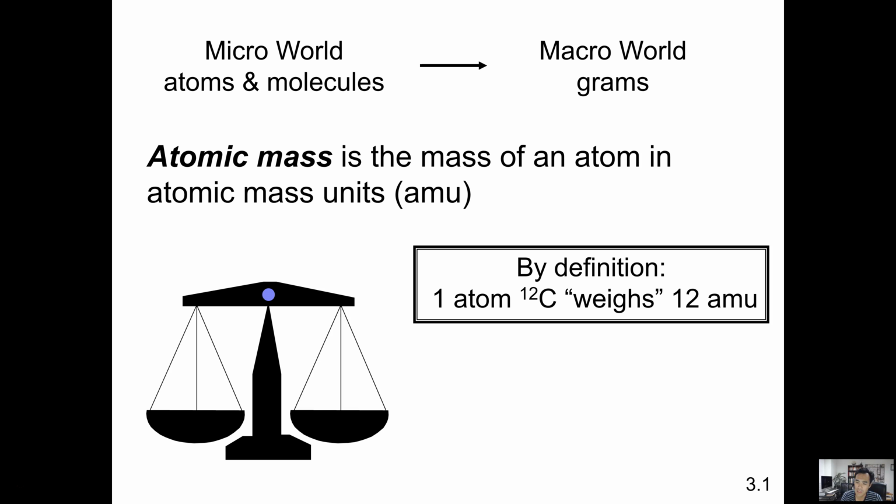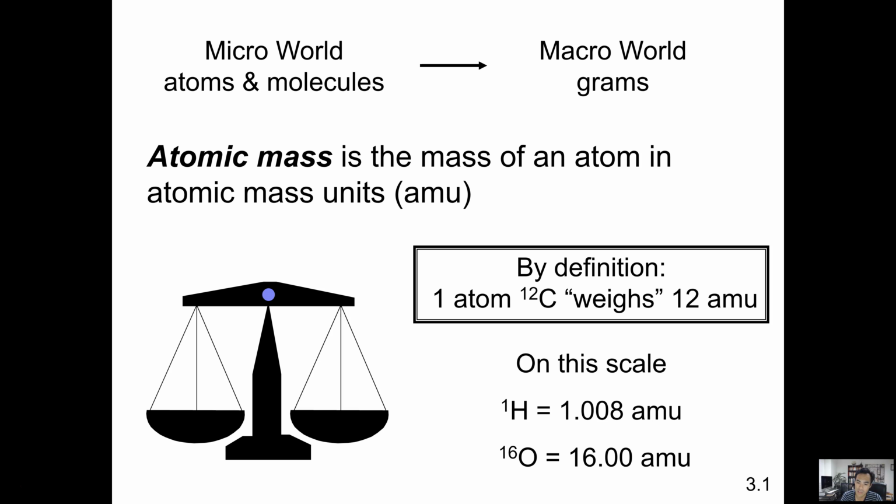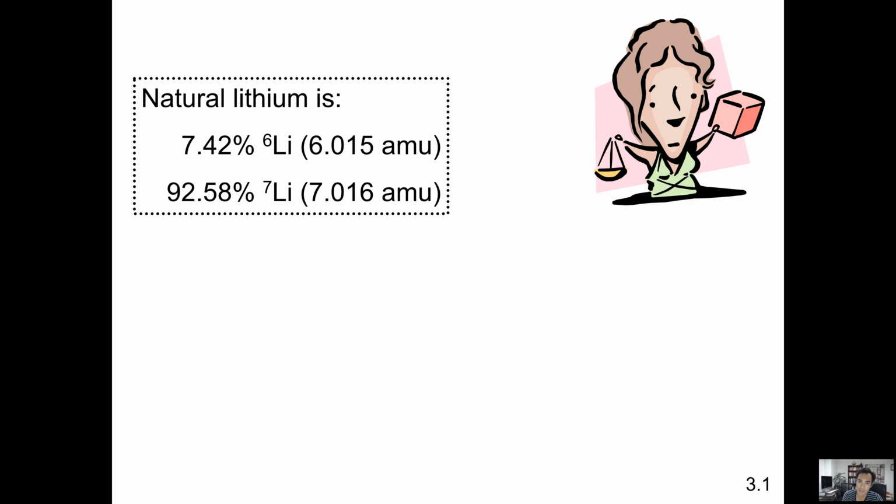So basically they use 12 AMU for the atomic mass rather than a gram. On this scale, hydrogen is about 1.008 AMU and oxygen 16.00 AMU. So for atoms, you're looking at atomic mass units for atomic mass.